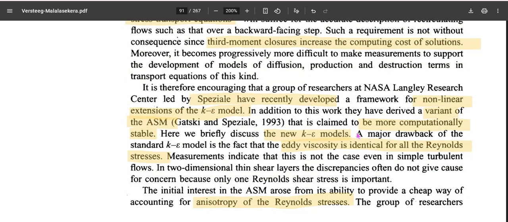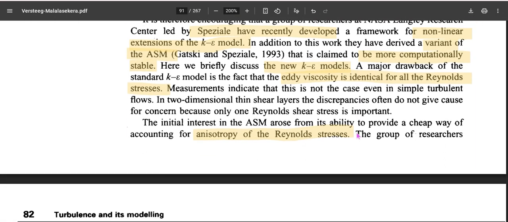Also, recently they developed an extension to the k epsilon model which brings a nonlinear effect into it. This also became one of the developments in the later part of turbulence theory.